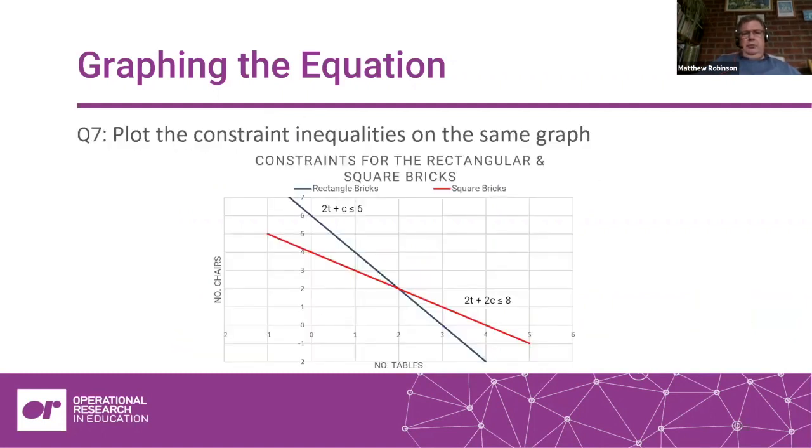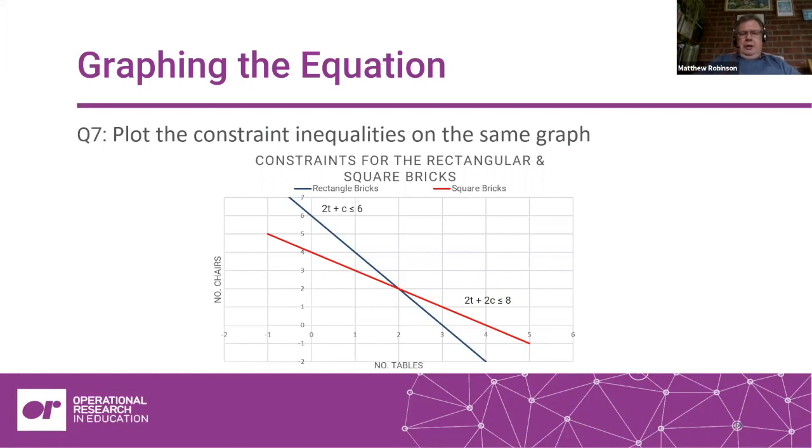So plotting that on the graph, you can see the x-axis here is the number of tables on here, and the y-axis is the number of chairs. So for the rectangular bricks, if we produce no tables, we can produce 6 chairs. If we produce no chairs, we can make 3 tables. So the blue line is going from 6 on the y-axis to 3 on the x-axis.